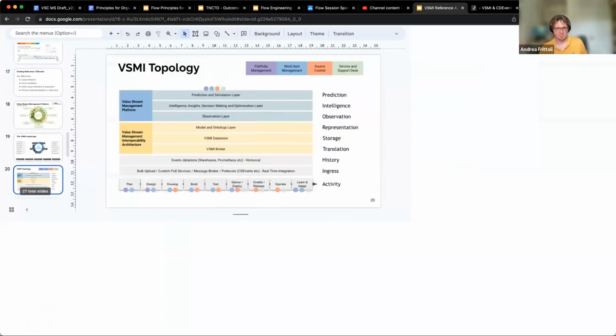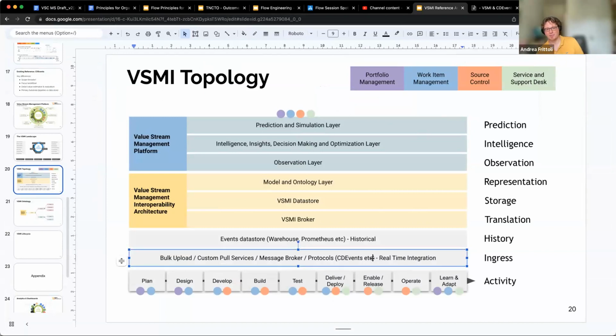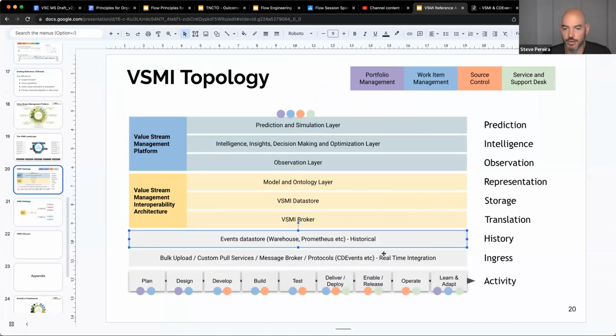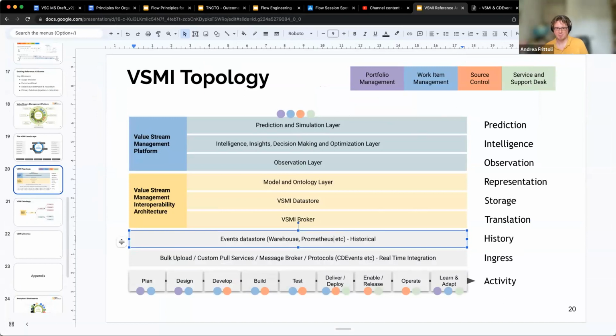I think it maps nicely to the two layers that you have there of ingress and history type of views. But to be more accurate, you would say that CDEvents could be represented in both layers. Yeah, I think so. So you could take the same data that you use for real-time interactions and store it.